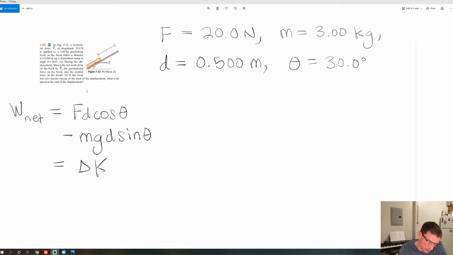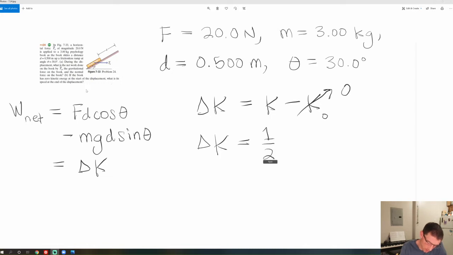So remember that delta K is simply K final minus K initial, right? But this is just 0. So delta K is the final kinetic energy of the book, like that, right?